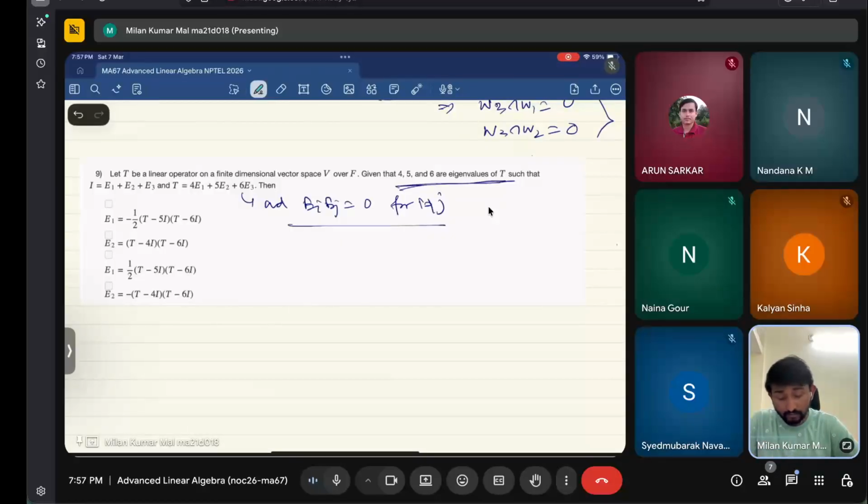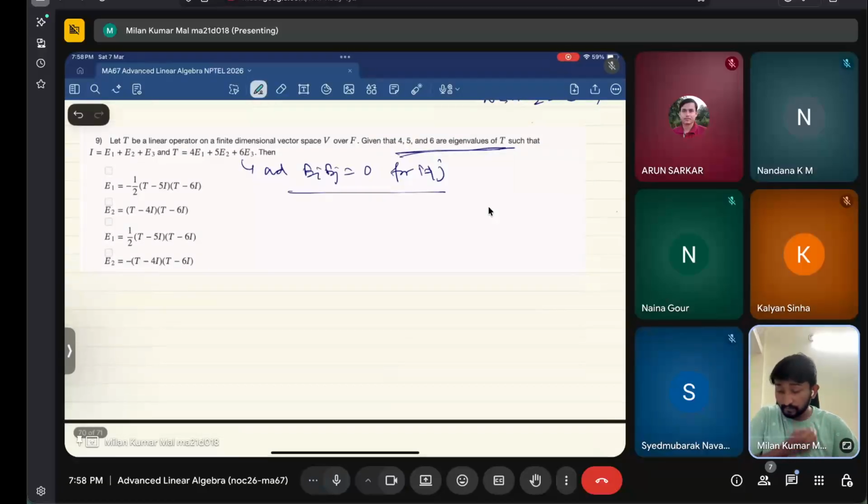I can use that theorem, but I am trying to show that this can be done without using that theorem. Yeah, I think I can do it easily.